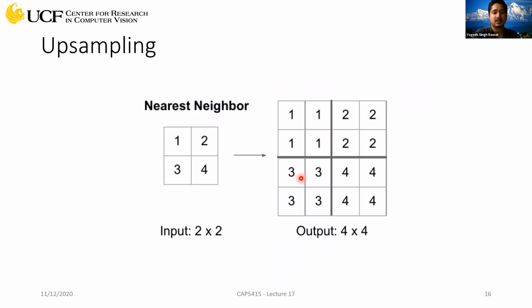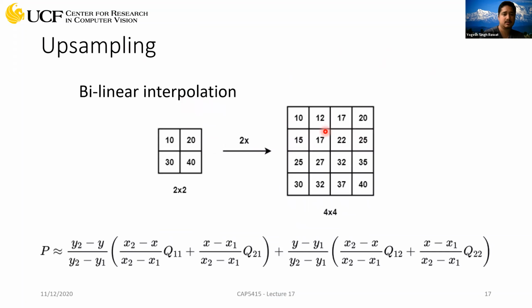So this is the simplest method to perform upsampling. You just repeat the values. The other interesting method, which I think we use most of the time, is called bilinear interpolation, and it's pretty simple. If you have a 2x2 patch and you want to perform 2x upsampling, that will give you 4x4.